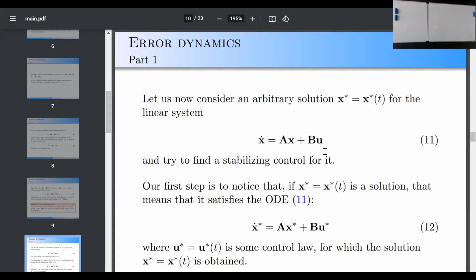Equation 11 is just our general form of our state space formulation. And then what I ask you is, we have a solution x star, right? x star is a solution for the system. And we want to make it stable. Of course, those of you who are accredited, and a lot of you are, will tell me, okay, what does it mean for x star to be a solution?